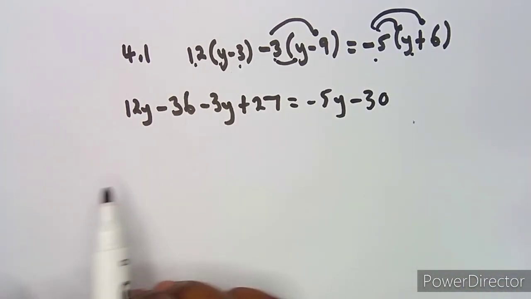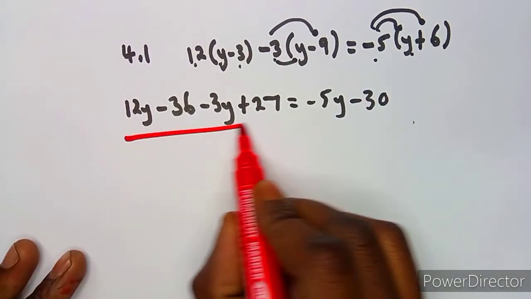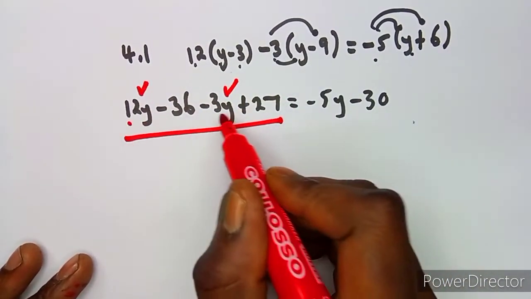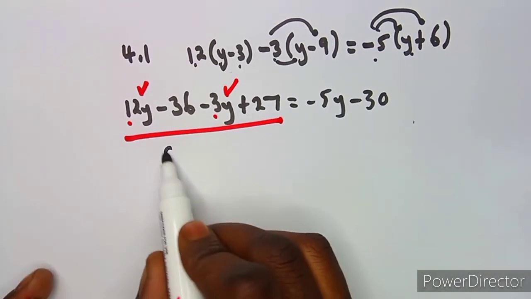Now it's best for you to simplify the left hand side first. Collect like terms here, which is 12y and −3y. So it's 12 minus 3, that's 9, so this is going to give us 9y.